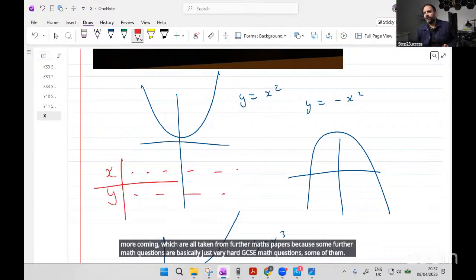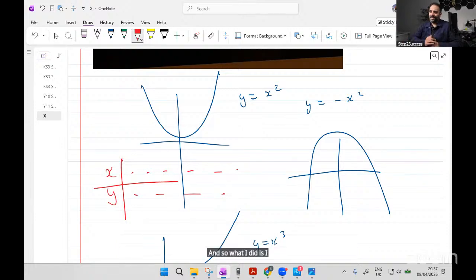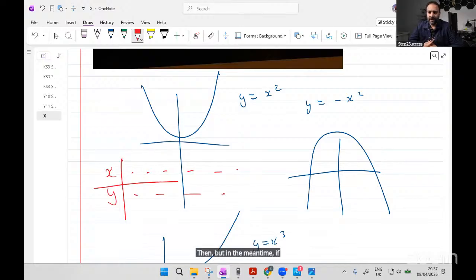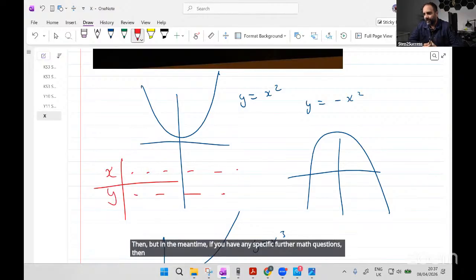So I picked those out today, and I did quite a lot of those questions. However, I know you need help with further maths, so I'm going to arrange some time for it. It might be during the half term, because I know your further maths exams are after the half term, and there will be a bit more time and scope then. But in the meantime, if you have any specific further maths questions, just send them. I'll do them and it'll be fine.